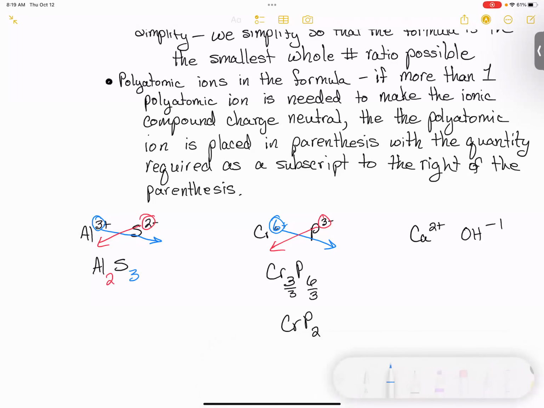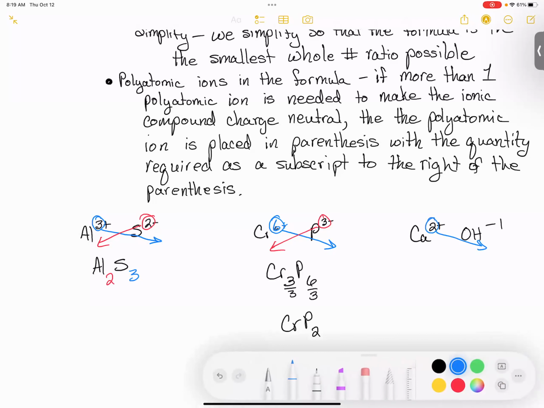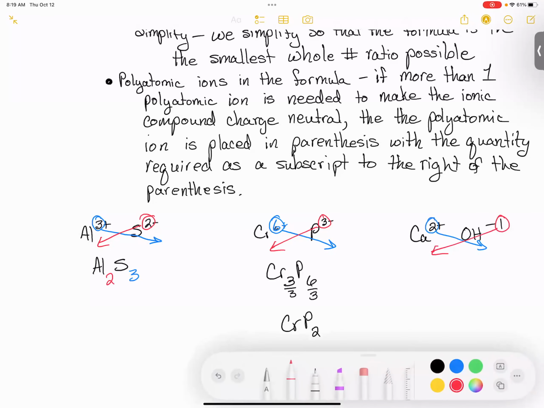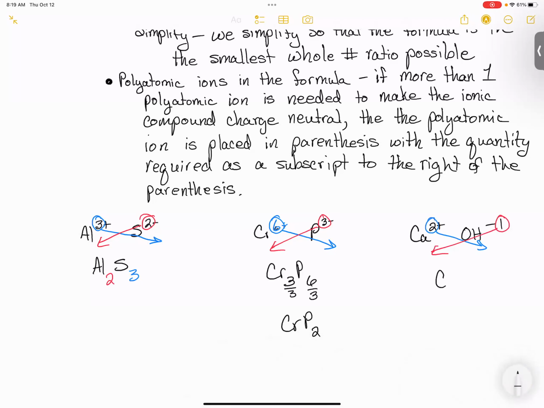So we're going to take the calcium, we're going to drop its charge on the hydroxide. We're going to take the hydroxide's magnitude and drop it onto the calcium. So we get 1 calcium, but we need 2 hydroxides. Because we need more than 1, what do we have to do? I need that hydroxide in parentheses with the quantity needed as a subscript to the right.